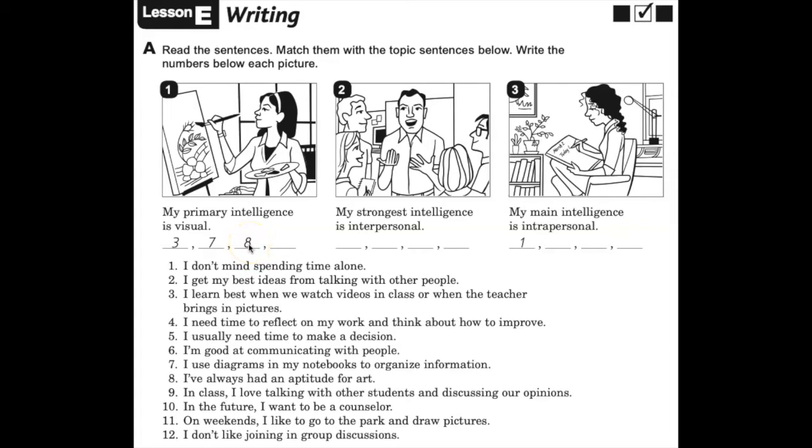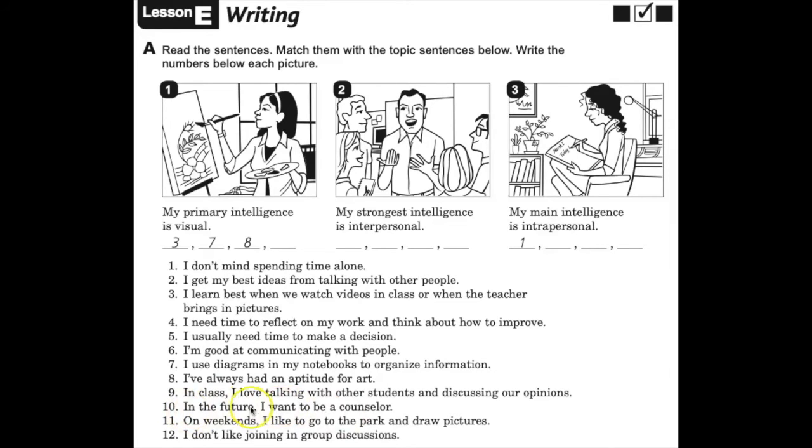Number 8 goes here. Number 9, in class, I love talking with other students and discussing our opinions. Is that person visual, interpersonal, intrapersonal? Write number 9 under one of the words. In the future, I want to be a counselor. A counselor is somebody who works with other people and helps them be the best they can be.